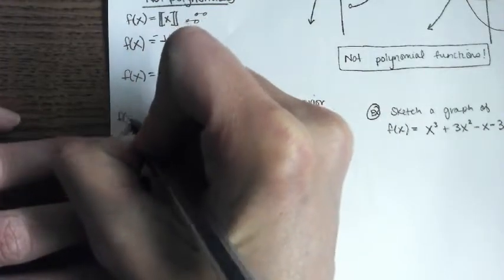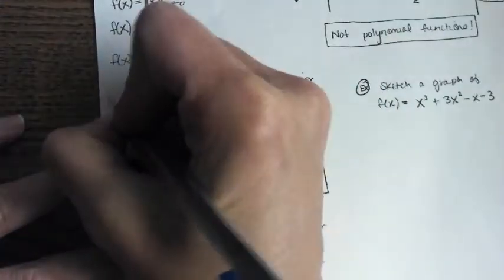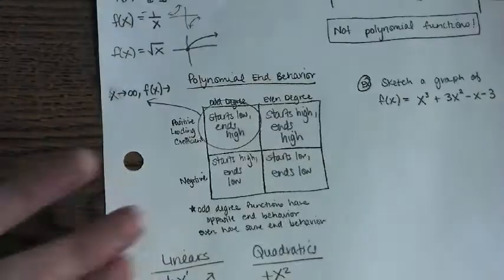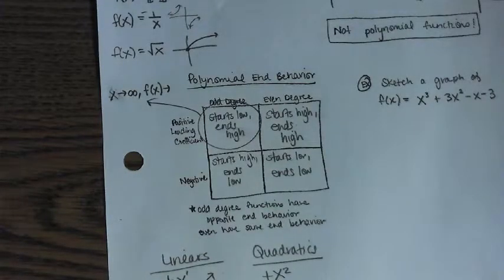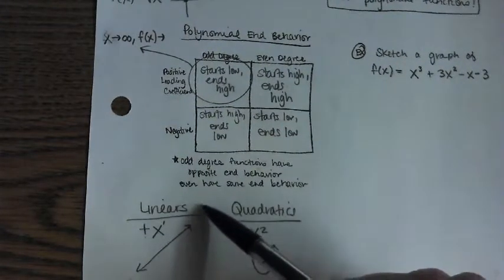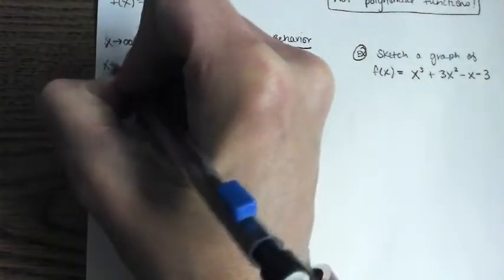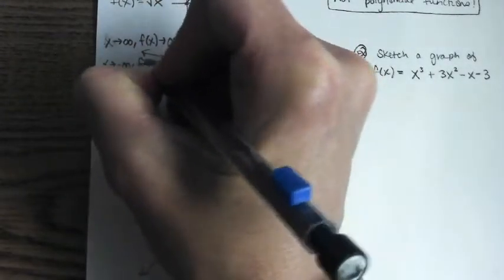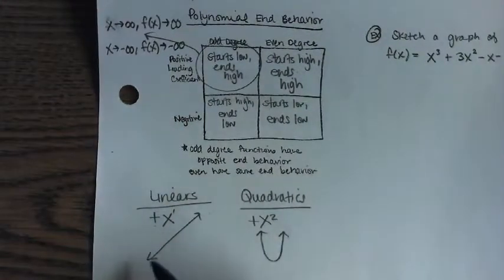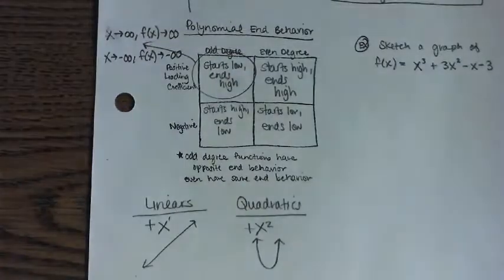As x approaches infinity, f of x approaches, so as x goes towards infinity, f of x goes towards infinity. And if x was approaching negative infinity, f of x is approaching negative infinity as well. Just for that one. And you could do a different version of that for all of these.